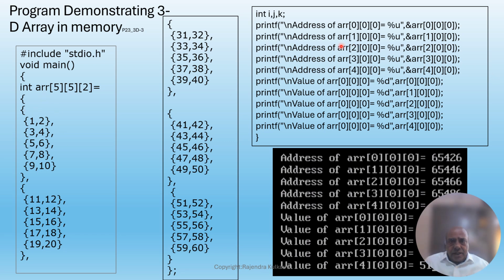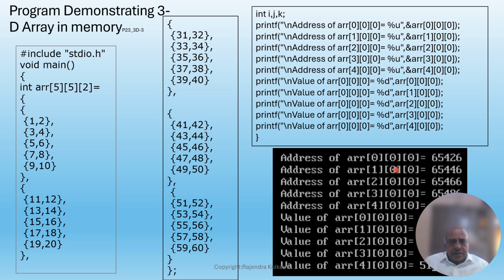Similarly, address of ARR[1][0][0] gives the base address of this element of the 3D array, and similarly for these 2D arrays, and these addresses are displayed, and the screenshot of the output screen I have copied here, pasted here.